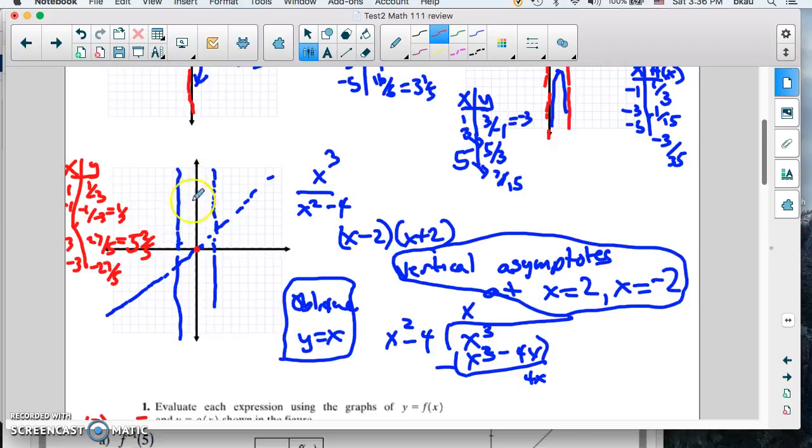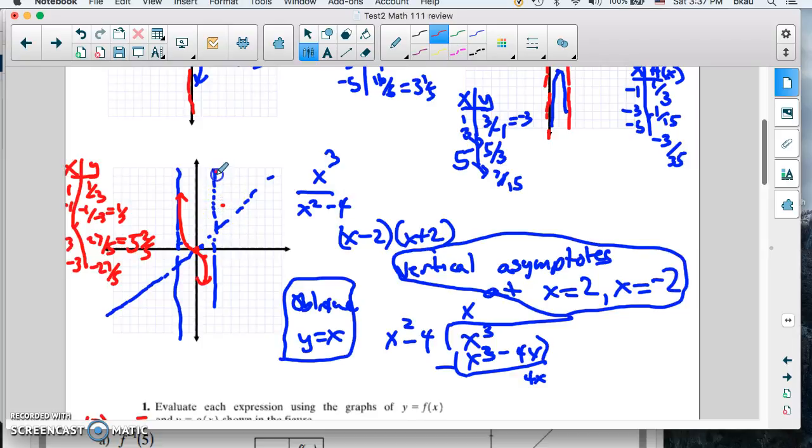All right, so 1 is going to be at -1/3. This one's going to be at +1/3, so it's going to go like this towards the asymptotes. 3 is at 5 2/5, so 1, 2, 3, 4, 5 and 2/5.